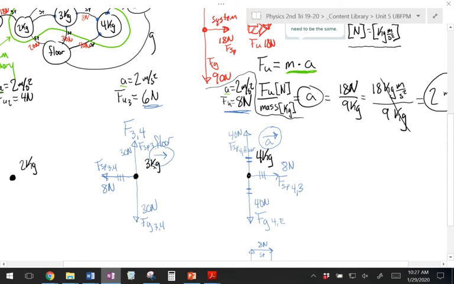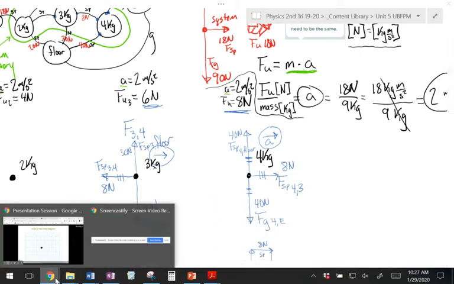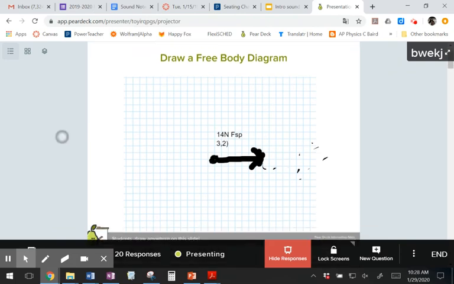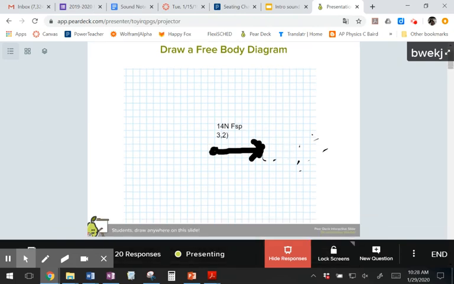Let's see what our friends are saying in the Pear Deck right now. Oh boy, those are small. I got 14 newtons in the forward direction, 3, 2.